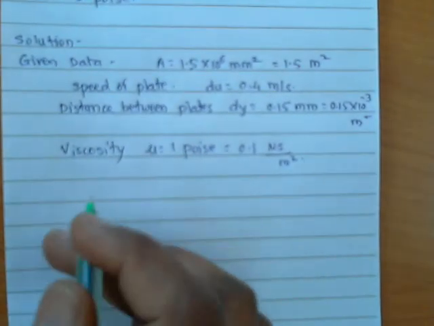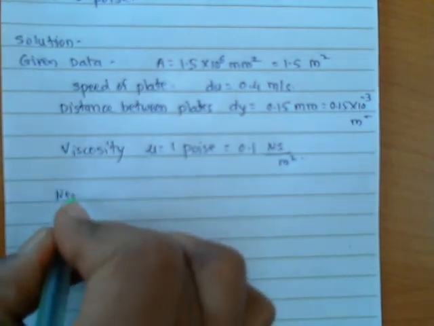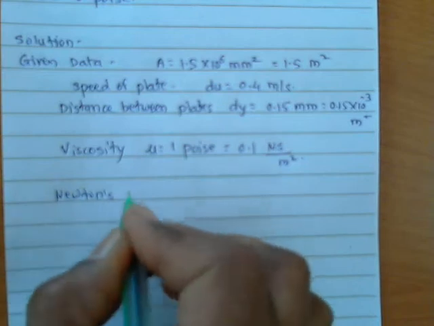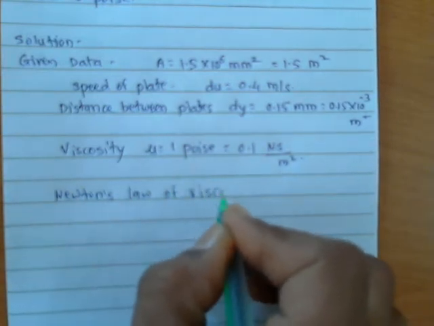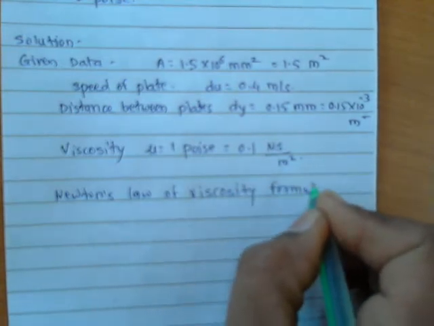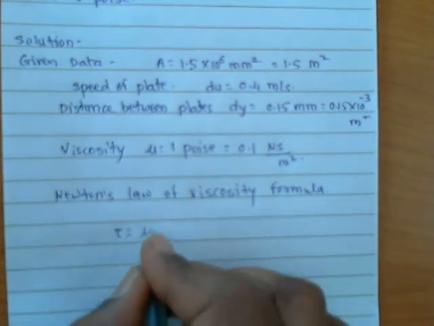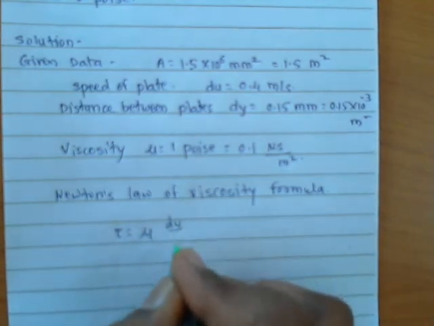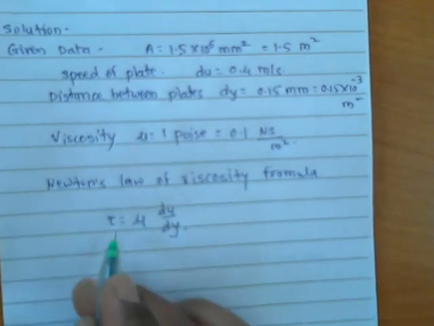Now first we will write down Newton's law of viscosity formula. Tau is equal to mu du divided by dy, where tau is the shear stress.